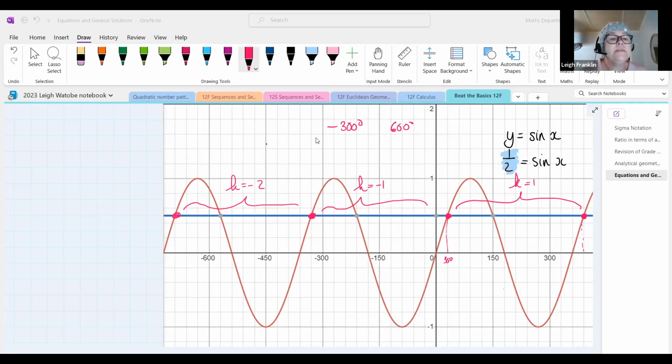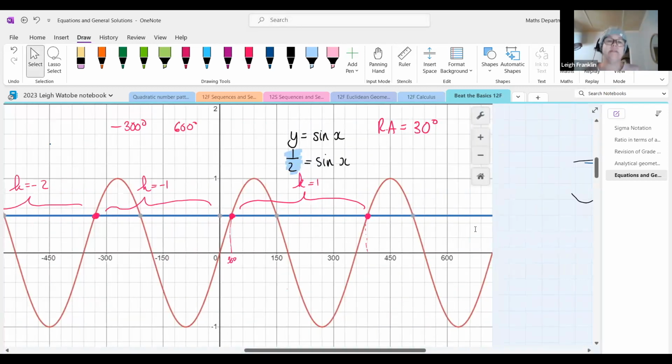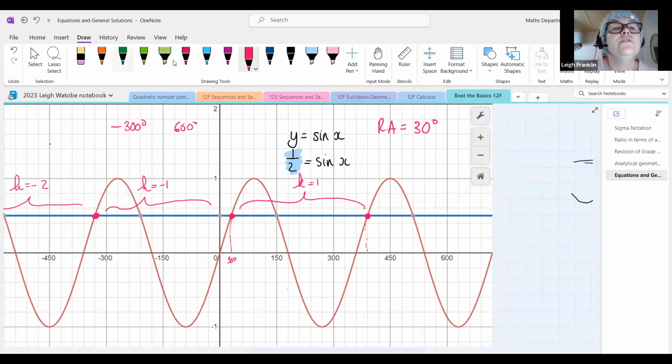Right, now in this particular case, we've got sine x is equal to 1/2, we know that there's not just one solution, okay? Because we can also say, well, that's quadrant number 1. But in quadrant number 2, sine x is also positive.